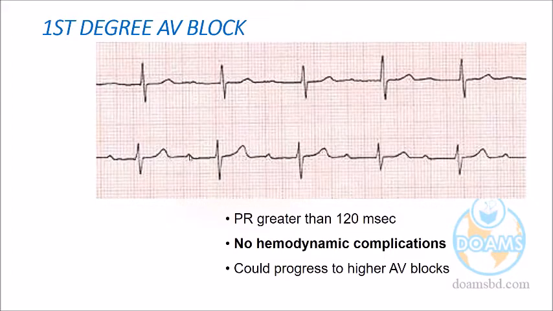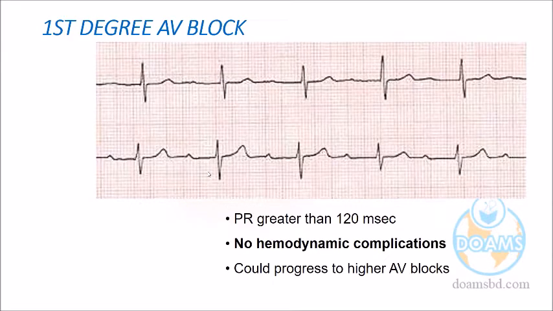This is the difference. And this is the PR interval. I think most of you know the timing of the total time of the PR interval. So if PR is greater than 120 milliseconds, that is more than 5 small squares, then we say that PR is prolonged.